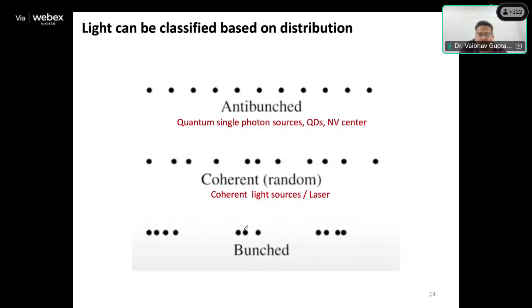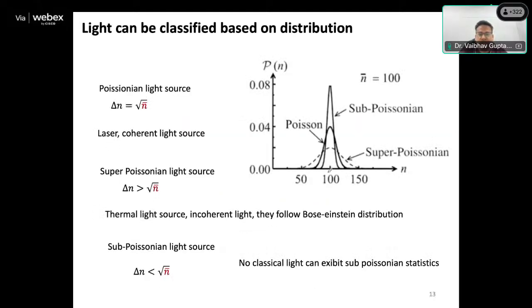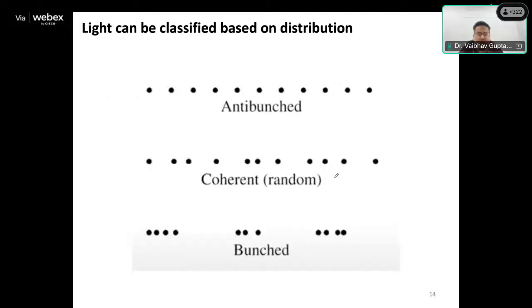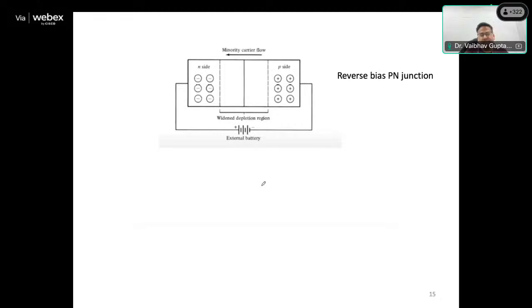Previously this was in terms of a graph distribution, and here we see the same thing in terms of a line segment and photon picture. So anti-bunched light sources are quantum light sources, coherent light sources are usually lasers, and bunched are thermal light sources. That is the overall distribution. I hope up to this point it is clear to you.